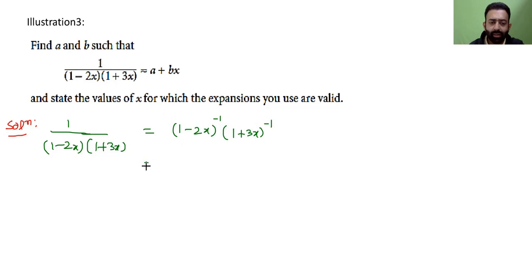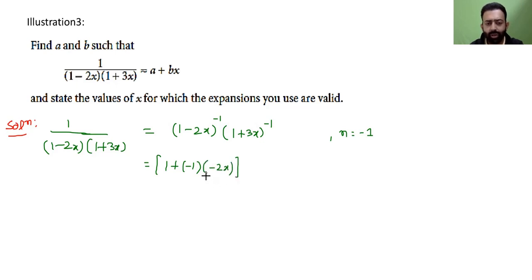Here the value of x is minus 2x, and here the value of x is plus 3x. The value of n in this case is minus 1 in both the brackets. So I'm writing this in terms of 1 plus nx. Here I have 1 plus, where n is minus 1 and x is minus 2x.